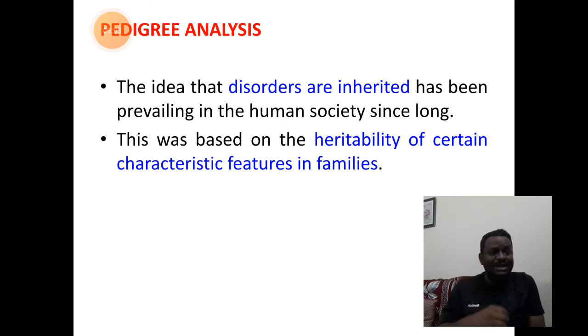The heritability of certain of these characteristic features in families, especially related to diseases, will bring in a kind of fear in us.